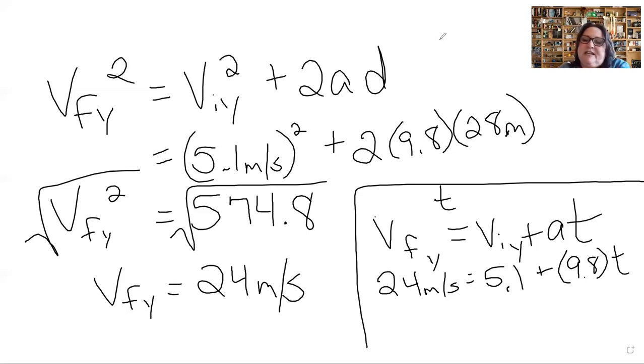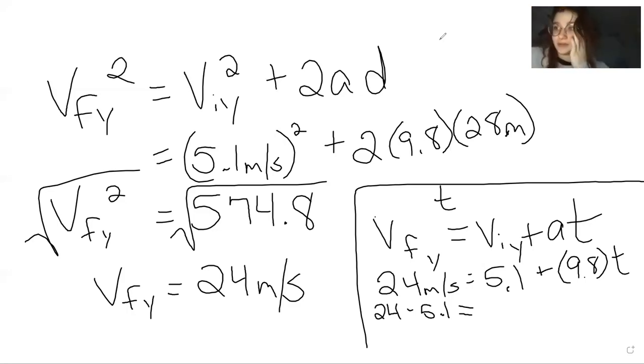Now I'm going to rearrange that. The first thing I'm going to do is subtract 5.1 from both sides. I'm going to leave out my units just because of space. Minus 5.1 equals, now it would be 9.8t. How do I get rid of the 9.8, Danielle? Divide. Very good.